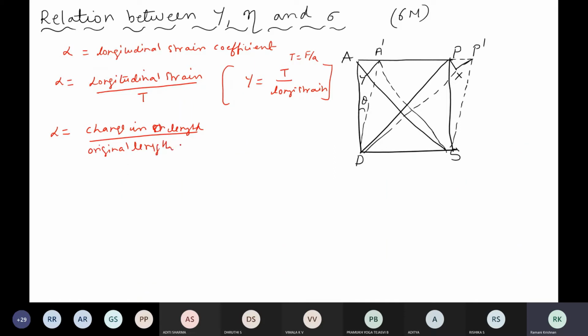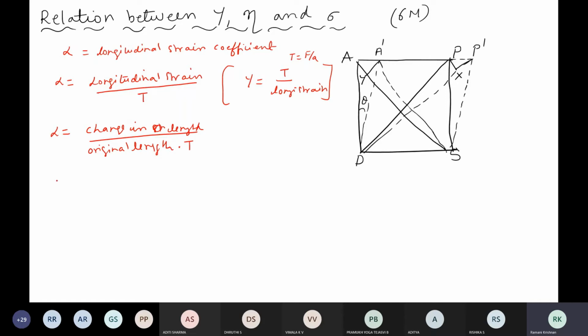Longitudinal strain is the increase in length or decrease in length by the original length. Any doubt here, students? It can be a decrease in length also, but in this case it is an increase in length. Alpha is the longitudinal strain per unit stress, so per tension. Let us see in this case.